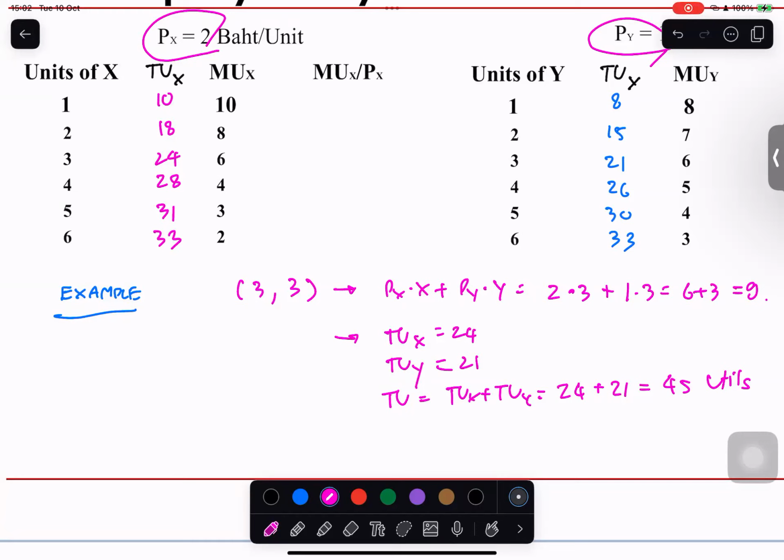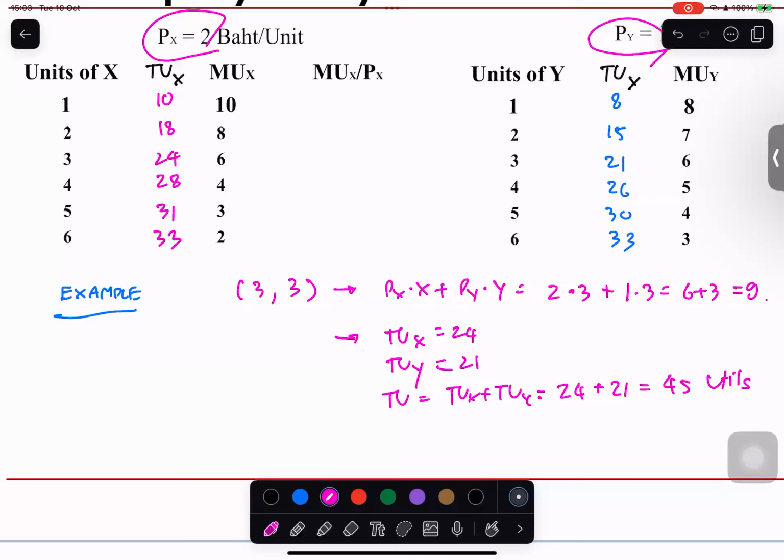Can you find one? There is a better one than this, giving more than 45. There is one. Okay, clock start.